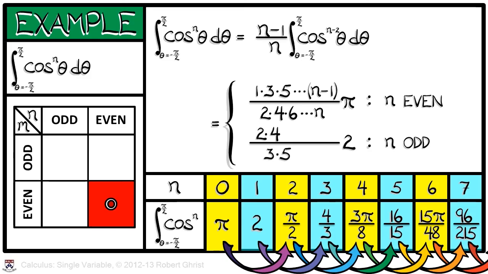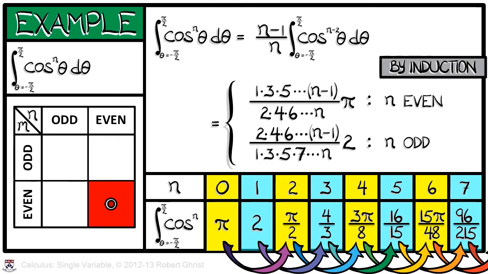The result is 2/3 times 4/5 times 6/7, all the way up to n minus 1 over n. All of that times 2. By putting a 1 down in the denominator, we can see a familiar pattern between these two definite integrals.